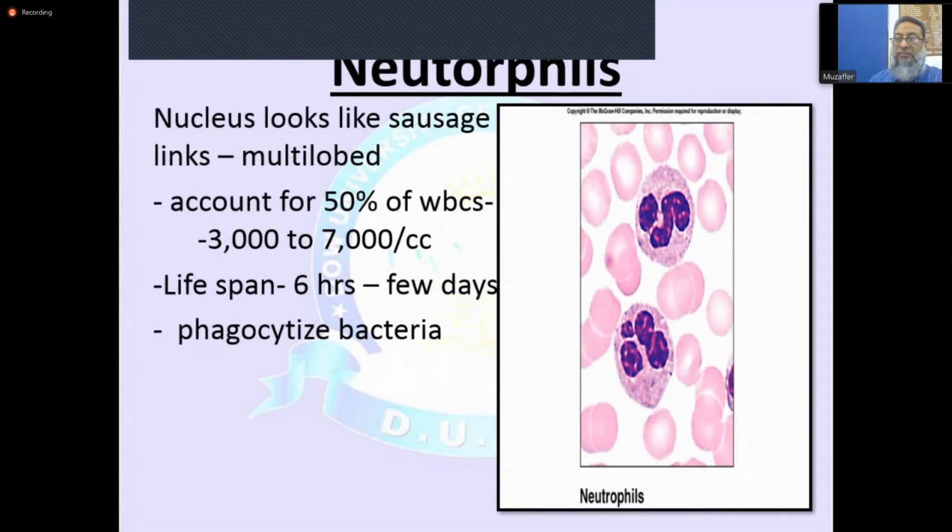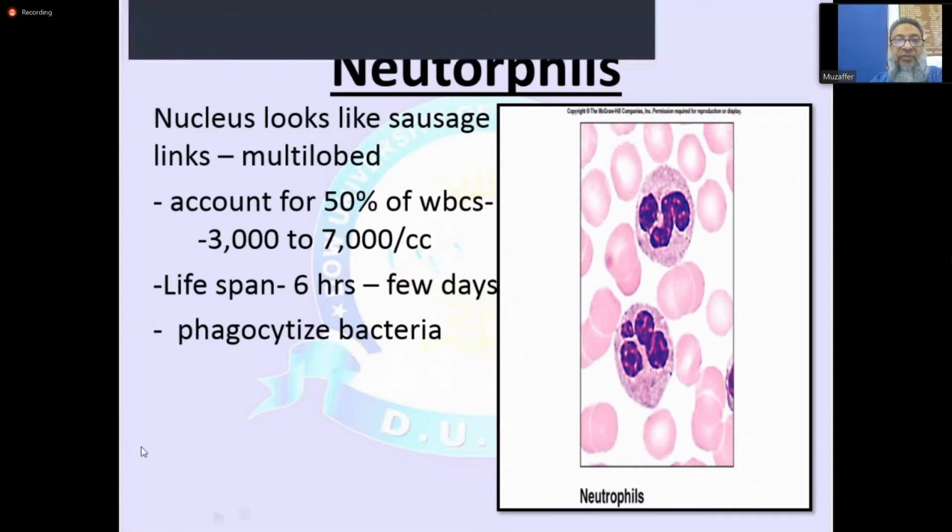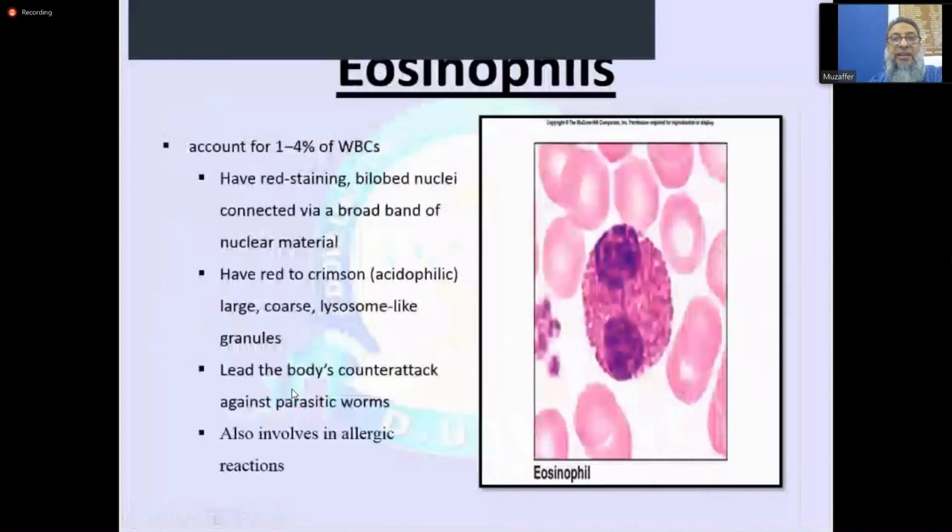They are utilized in the process of phagocytosis, and their main function is to phagocytize the bacteria. Then eosinophils, they account for about 1 to 4% of the total white blood cells. They have red staining bilobed nuclei, you can see in the picture. They are connected via a broad band of nuclear material.